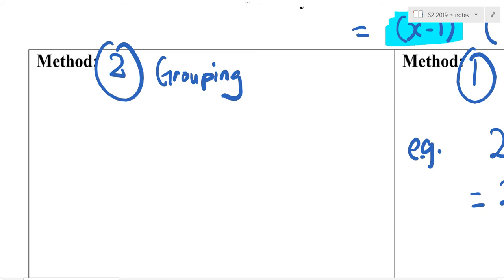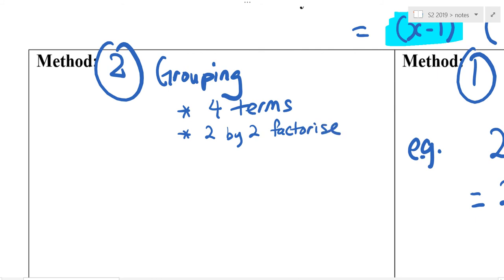Now, for grouping there are characteristics that you need to observe. First, altogether, how many terms are there? Usually, there are 4 terms. Then you consider grouping. The way to do it is to group 2 by 2, right? That means you factorize 2 by 2 first.